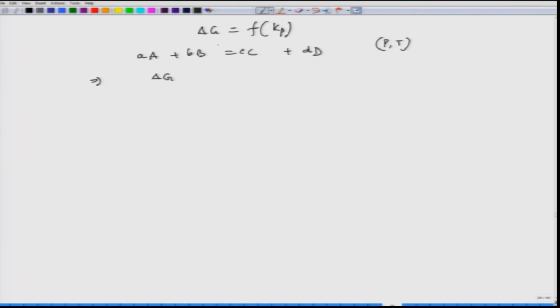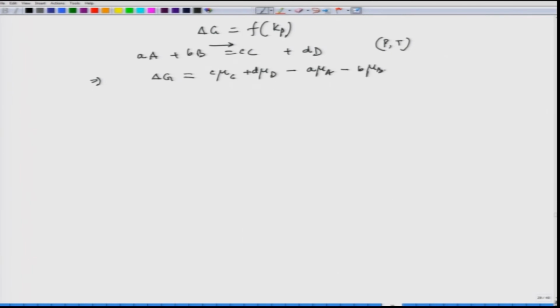And if we consider the free energy change in this direction, then it would be mu of C plus mu of D minus a mu A minus b mu B.